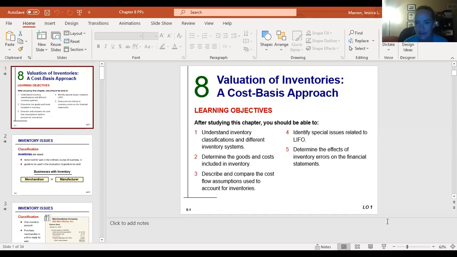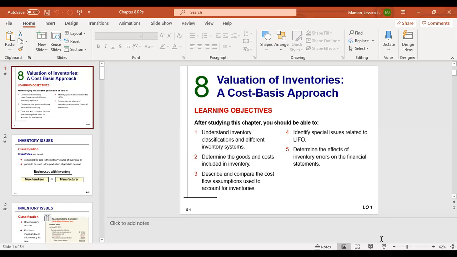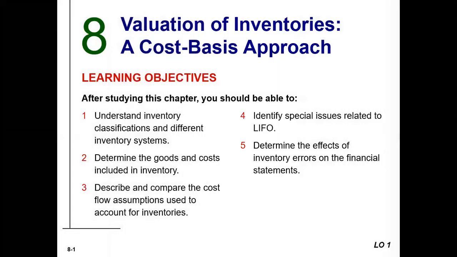We're going over the Chapter 8 PowerPoints. And actually, as we will see as we continue through our textbook, we also talk about inventories in Chapter 9 as well. But we're starting with Chapter 8. And as we can see here from the learning objectives, we're going to look at different inventory classifications and inventory systems, calculating or determining the goods and cost included in inventory.